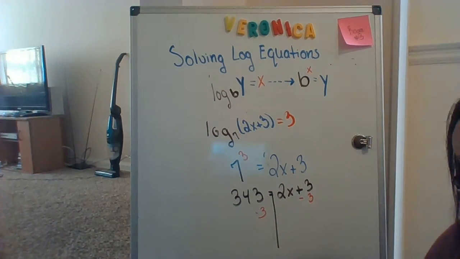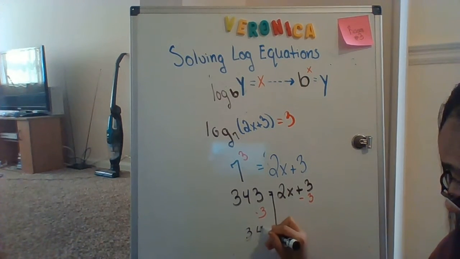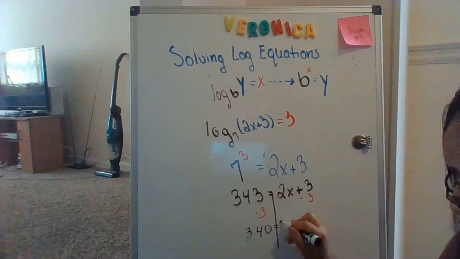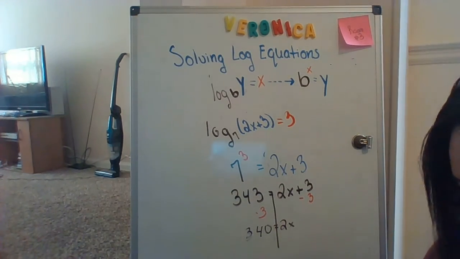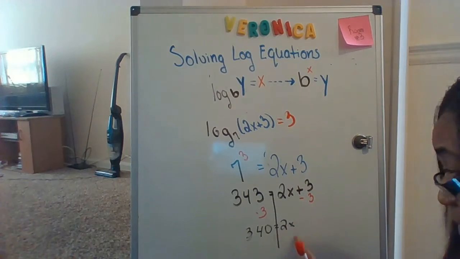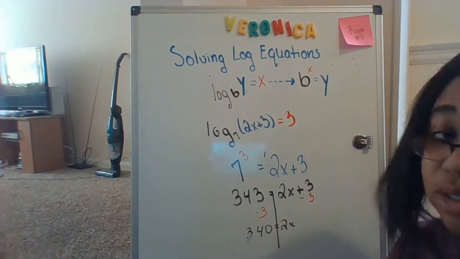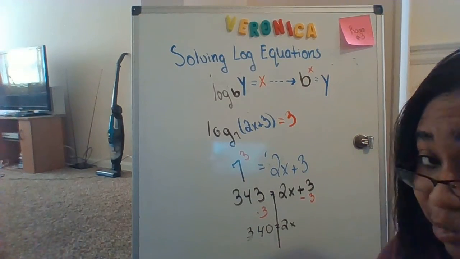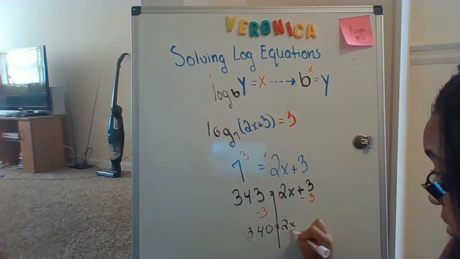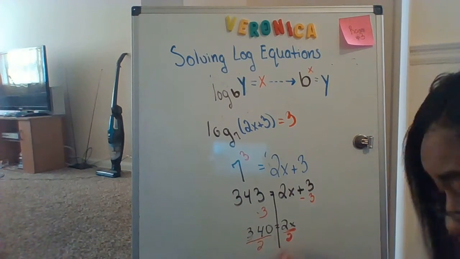Then we have 340 is equal to 2x. And then inverse operations, if I've got times 2, I want to undo times. She says the inverse of multiply by 2 is to divide both sides by 2. So you divide by 2, divide by 2.